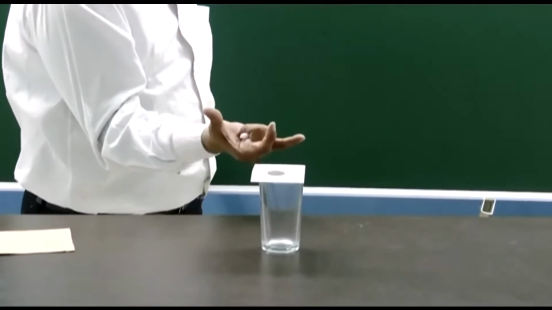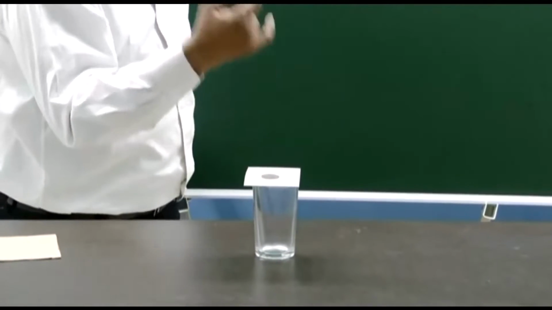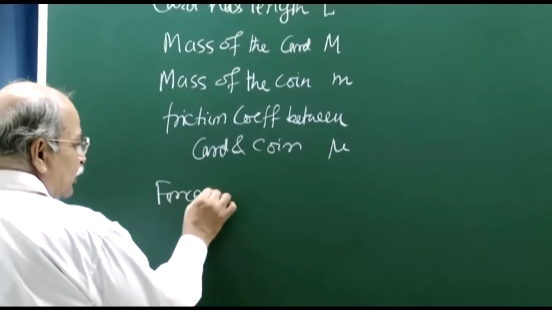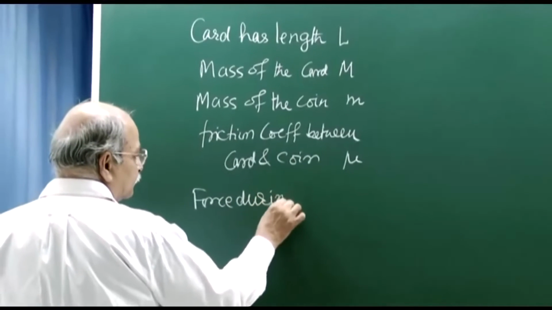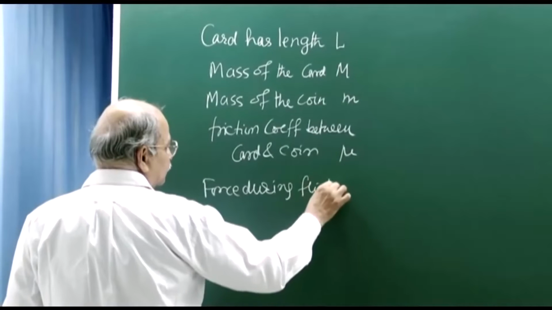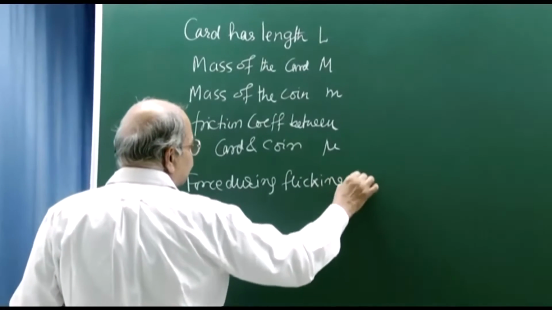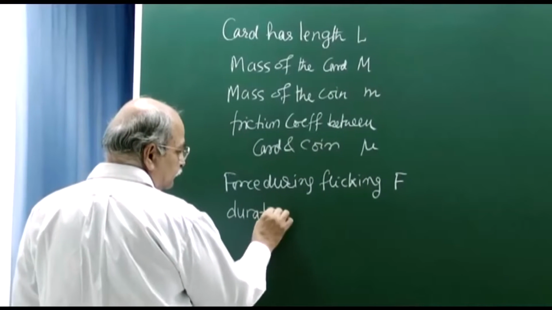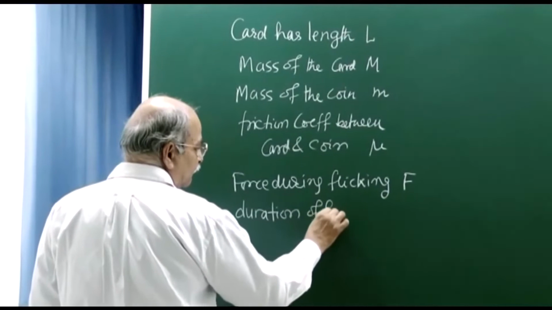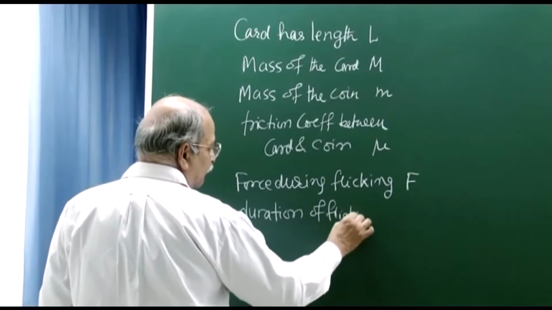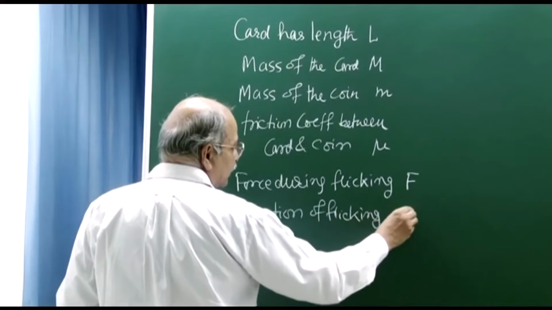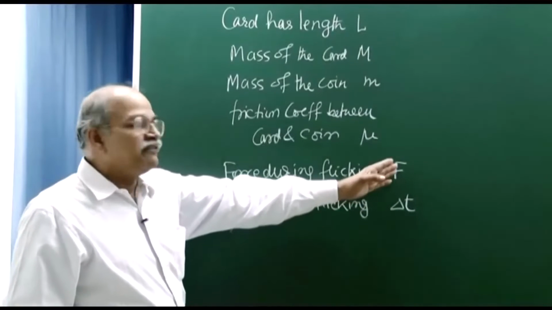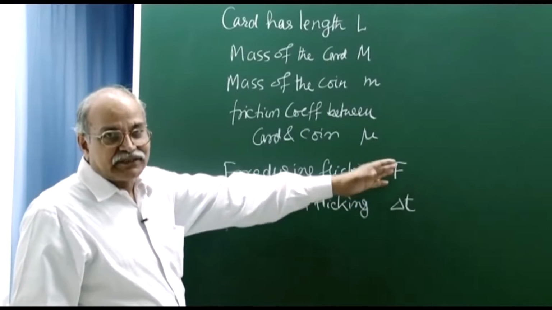So, the force during flicking is F, and the duration of flicking is some delta t, and we will assume that in this duration F is constant.